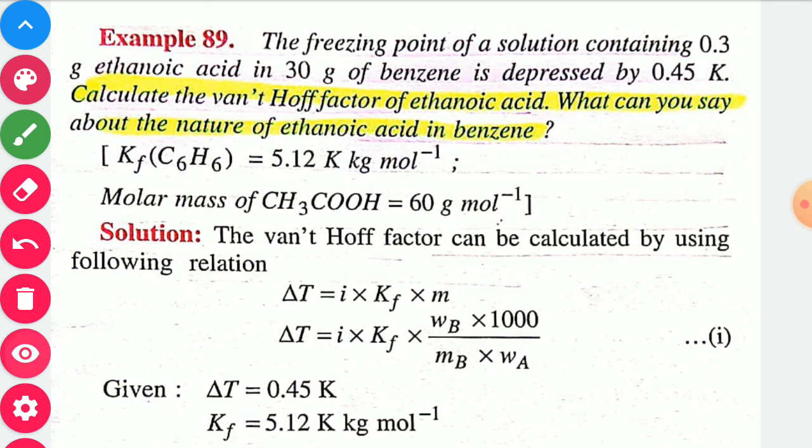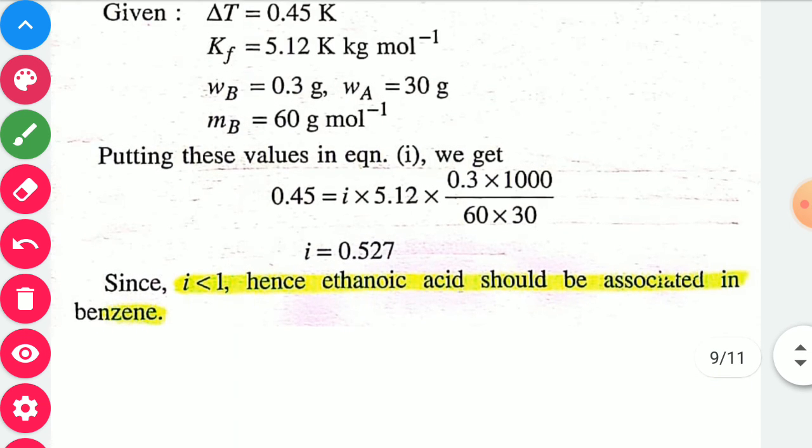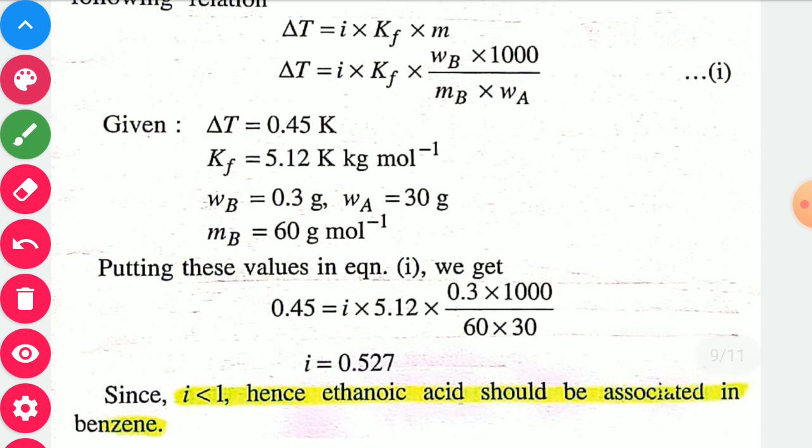So if we put the values, then delta T, that is 0.45 Kelvin, equals i, which we have to calculate, into Kf 5.12, WB the mass of solute 0.3, into 1000, upon the molar mass of ethanoic acid, that is 60, and WA, that is the mass of solvent, 30.